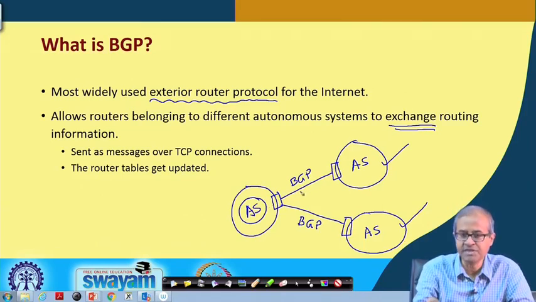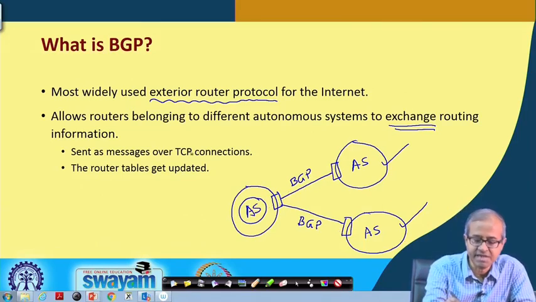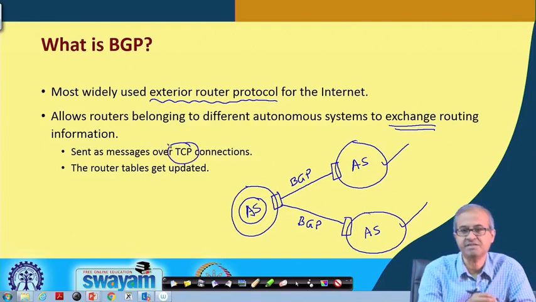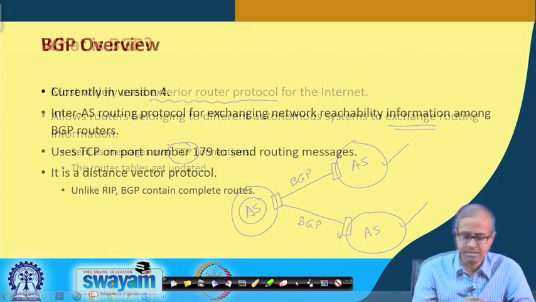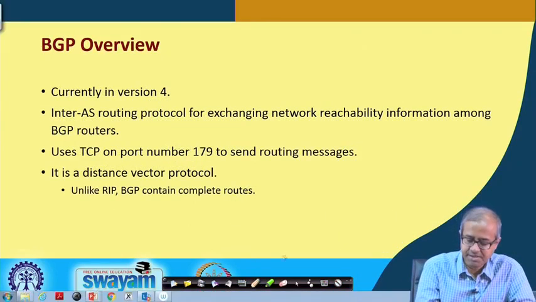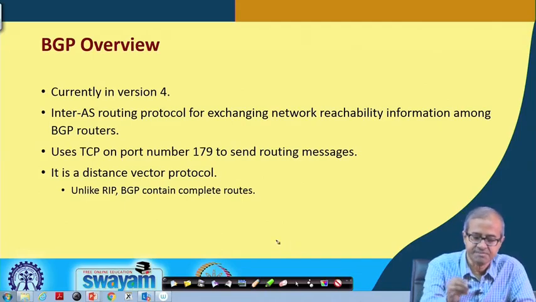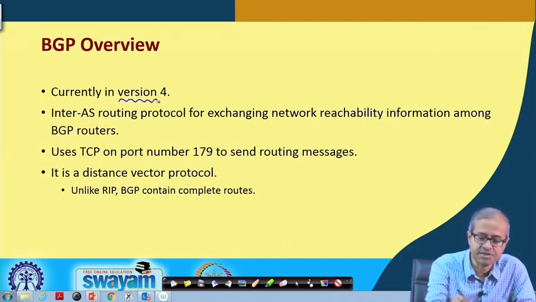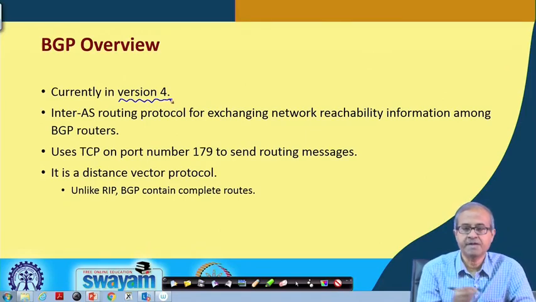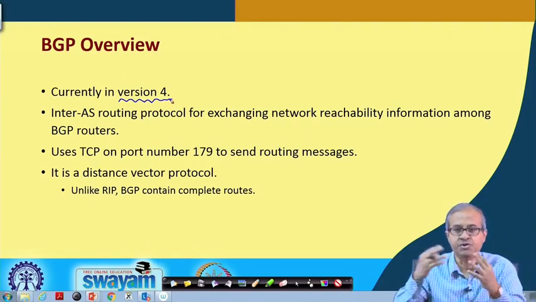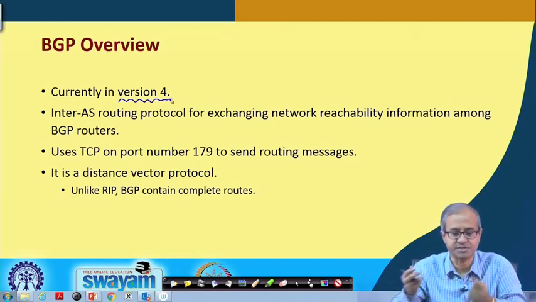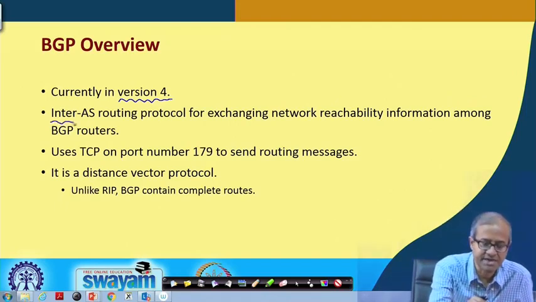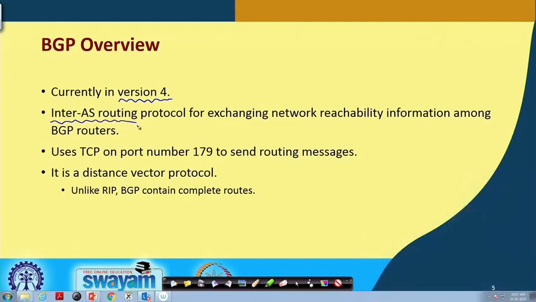And all these BGP messages which are transmitted are sent over TCP connections, and based on that, as I said, the routing tables of the routers get updated. Now, BGP comes in various versions. Presently, version 4 is most common, and as I said, it is used to communicate between routers which are across autonomous systems, which we call inter-AS routing, right.